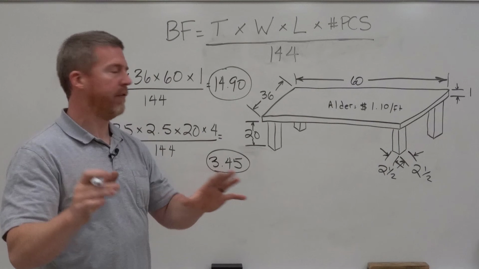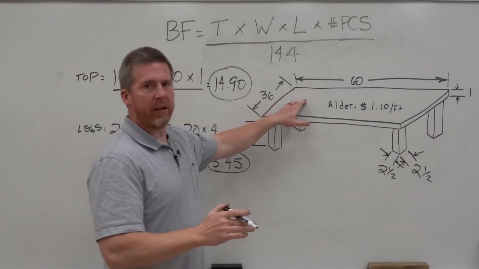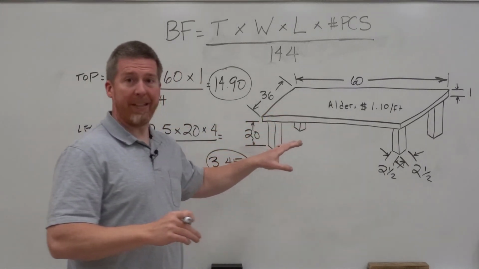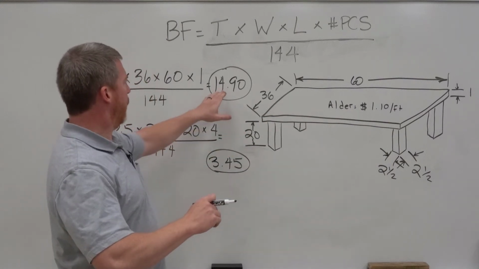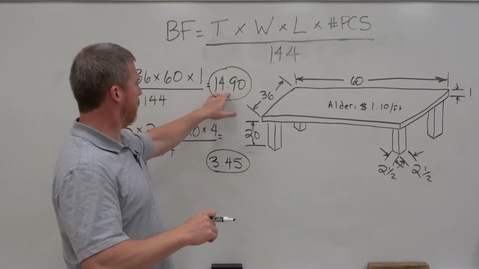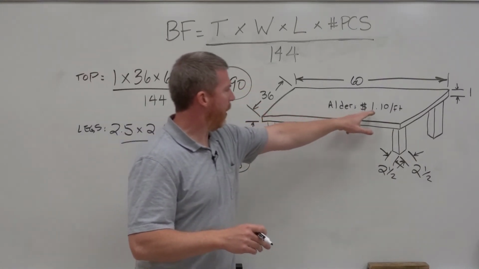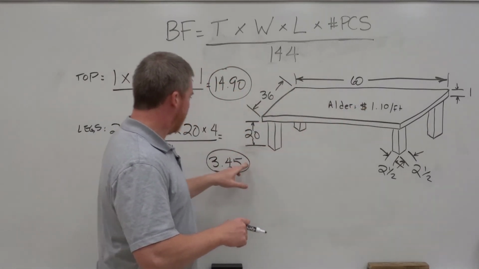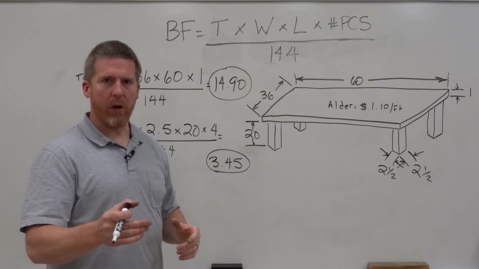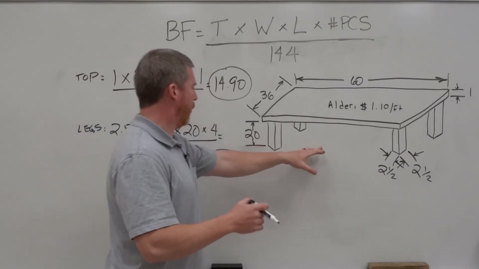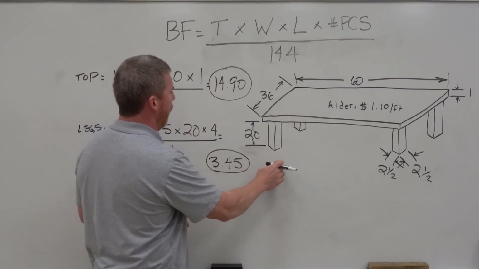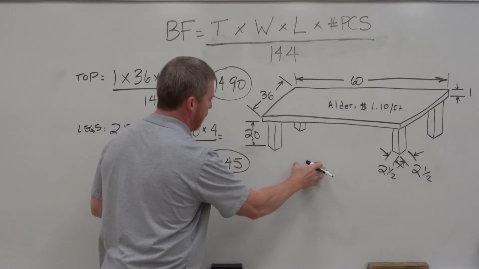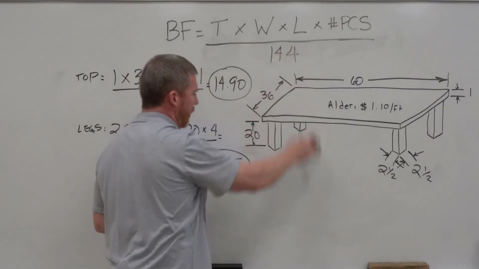If, this is if, the top was made of one kind of wood and the legs were made from a different kind of wood, then I would take the top number, multiply it by its price, get a number. I would then take what the wood for the legs is worth, multiply this one by that other price, and I'd get a value. And then just add that up.